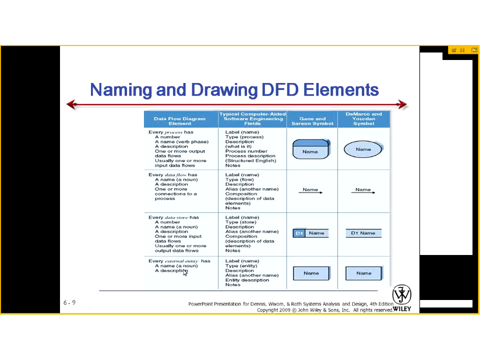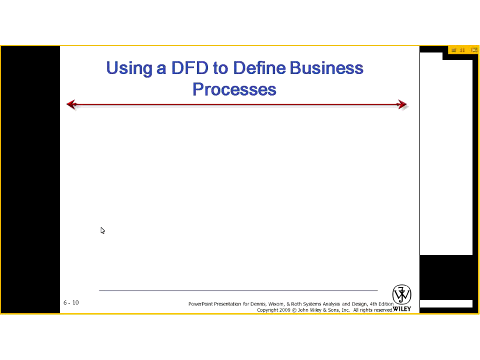And every external entity has a name and description. If you are using a computer-aided software engineering tool, like a CASE tool, you record this information in the form of these fields for process, data flow, data store, and external entity.